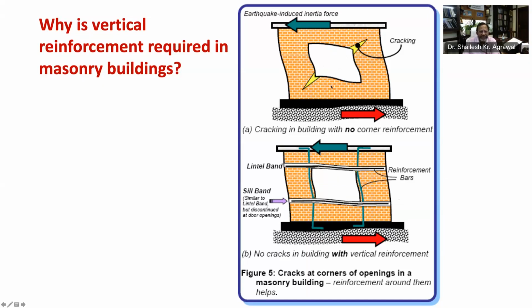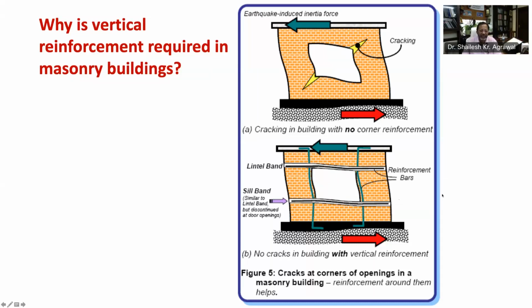If opening size is larger, the cracks are bigger. The steel bars provided in wall masonry or around the opening restrict these cracks at the corner, as shown in figure 5B.